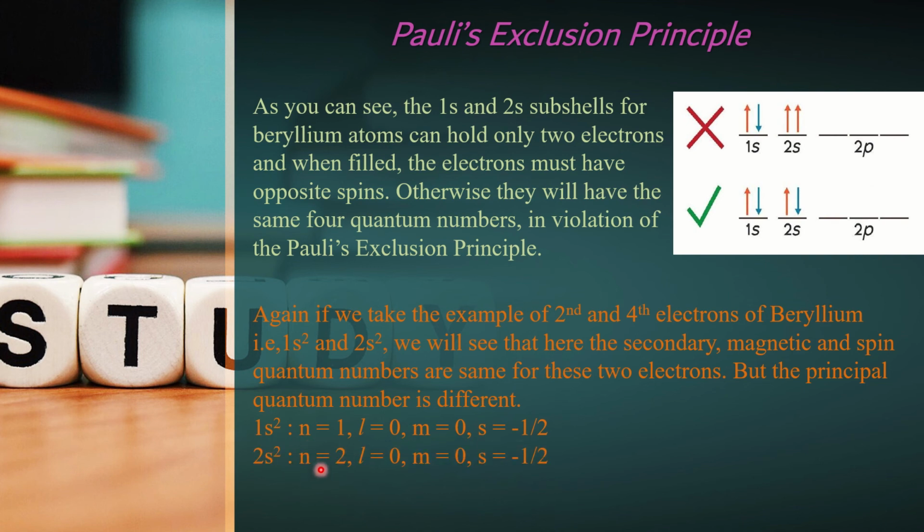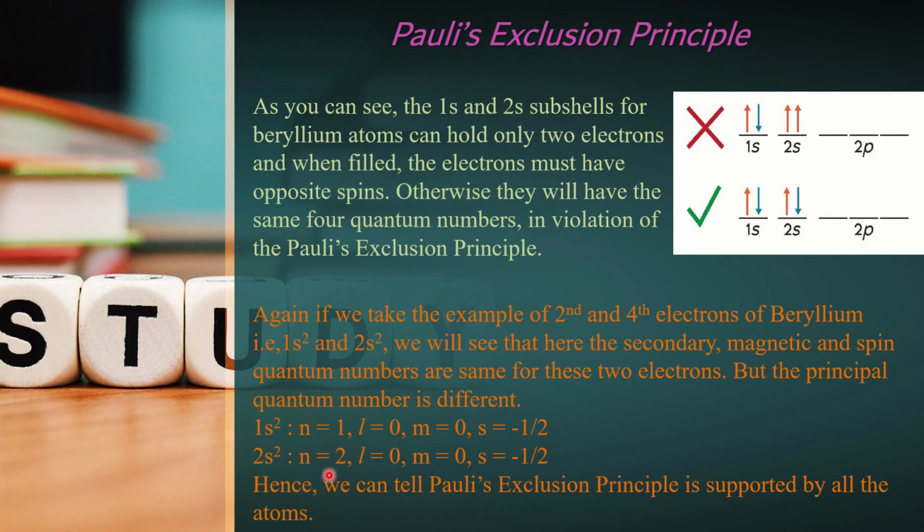For 2s2, n equals 2, L equals 0, m equals 0 and s equals minus half. So their secondary quantum number, magnetic quantum number and spin quantum number are all the same, but their principal quantum number is different. So we can say that Pauli's exclusion principle is supported by all the atoms.